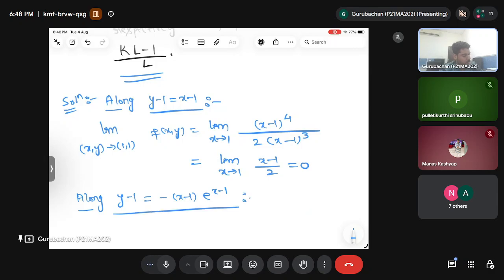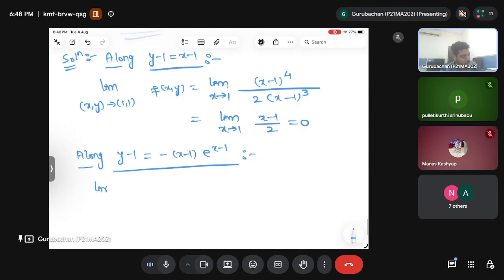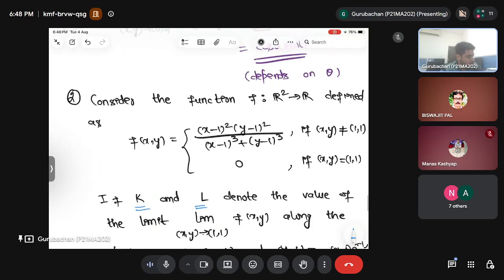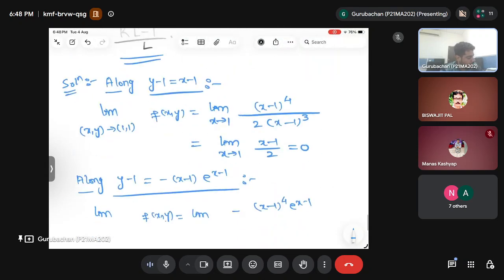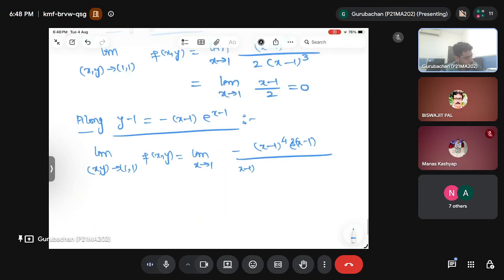So this boils down to f(x,y), limit x tending to 1, of minus (x minus 1) to the power 4 e to the power 2 times (x minus 1) divided by (x minus 1) cube. Let me know if I'm making some mistake.